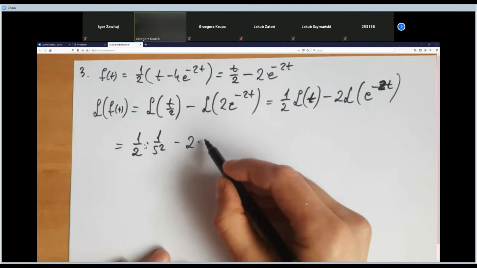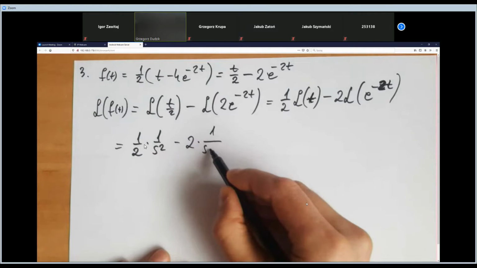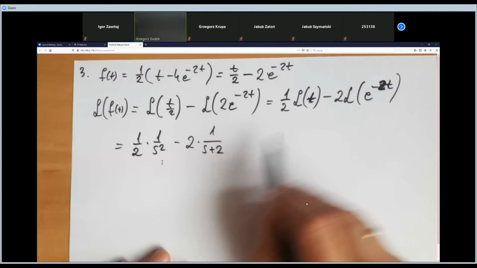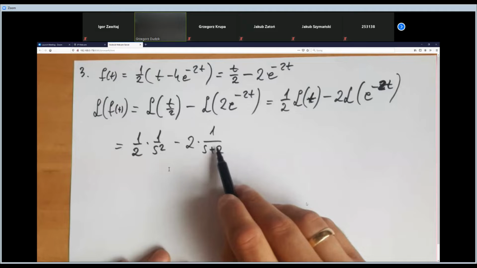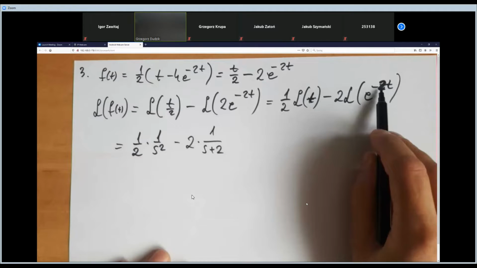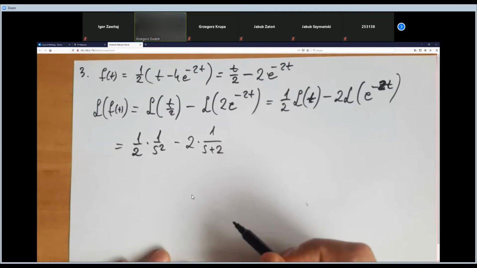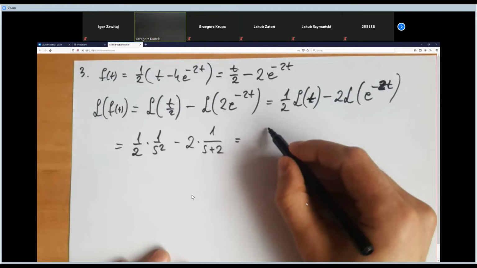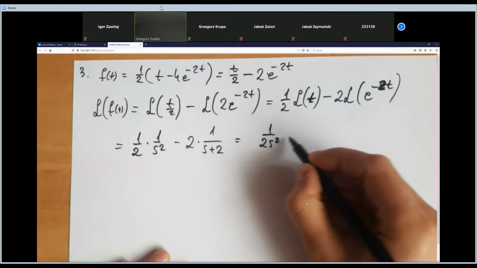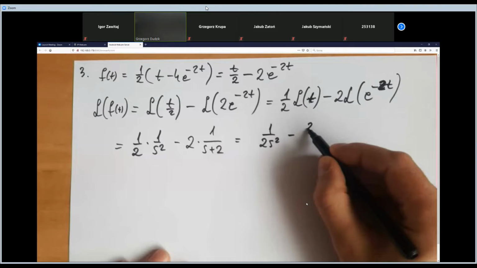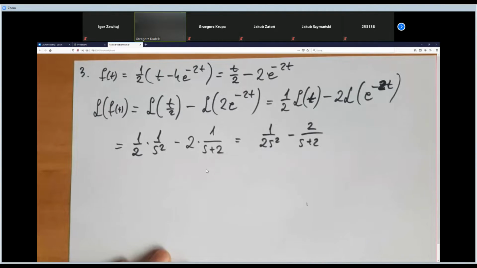Yes, excellent. 1 over s plus 2, where 2 is in fact the a. This is the constant a here. Great. So in fact, this is equal to 1 over 2s squared minus 2 over s plus 2. Great.